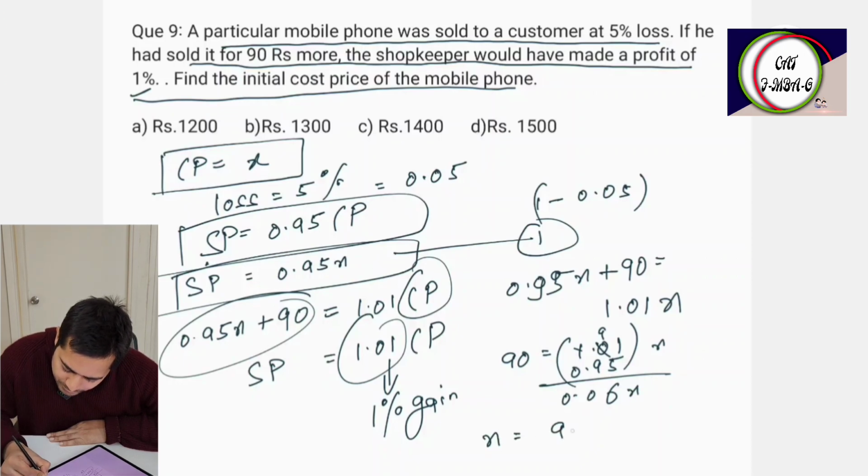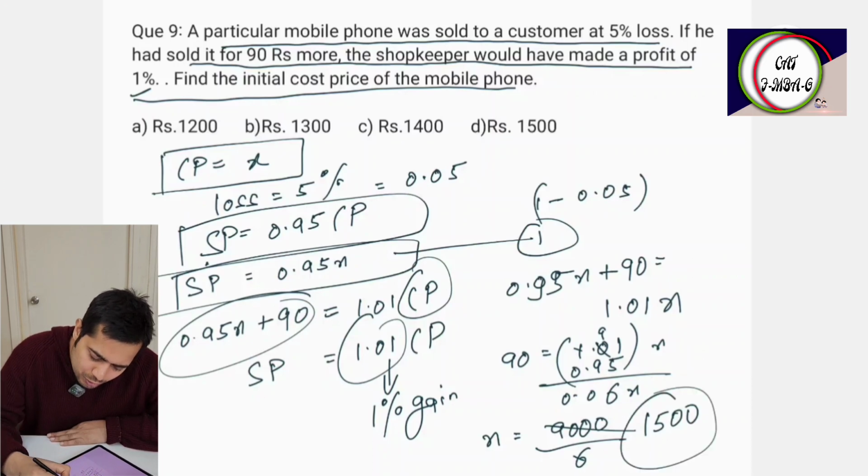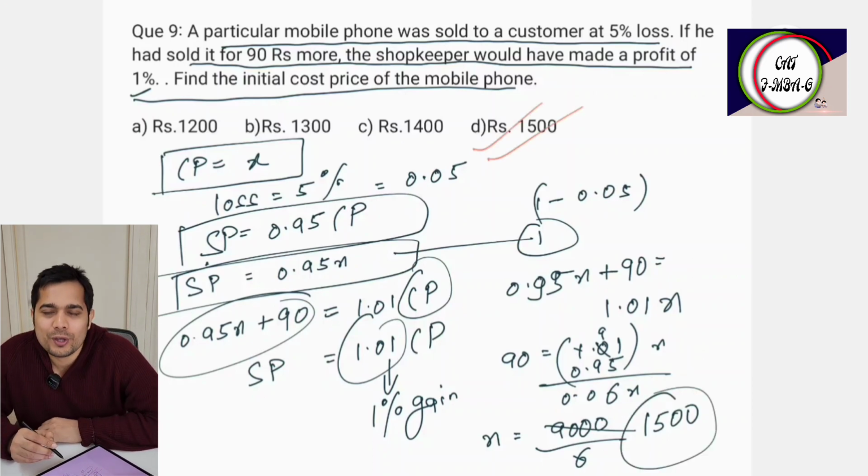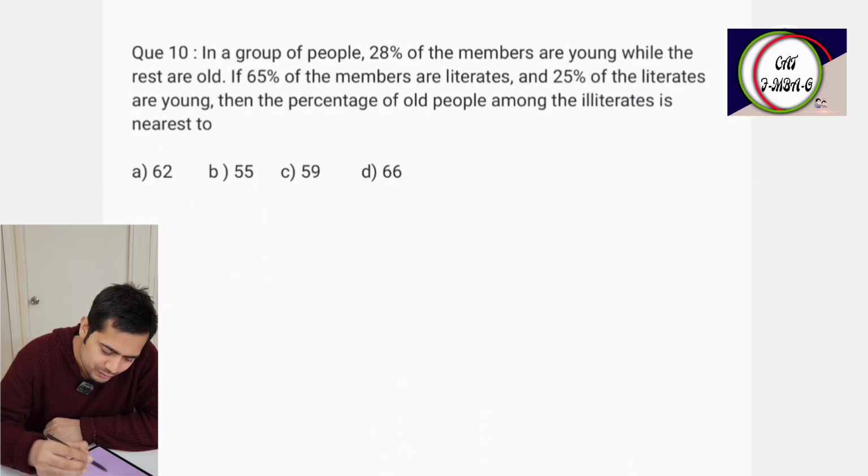X is equal to 9,000 by 6, so it is, I think, 1500. Yeah. Option number D is the correct answer. Okay. Let's move on to the next question.